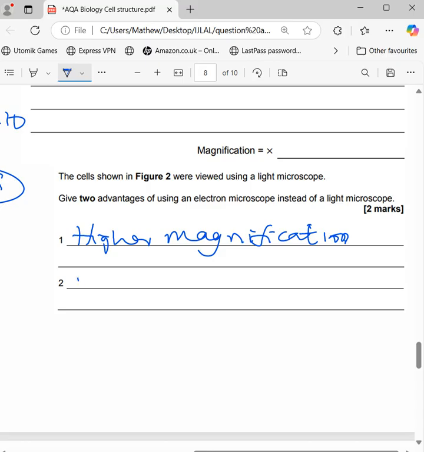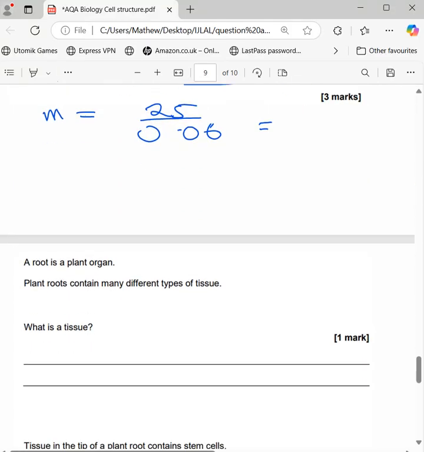And also, the electron microscope has higher resolution. These allow you to see images in more detail. Higher magnification, higher resolution.